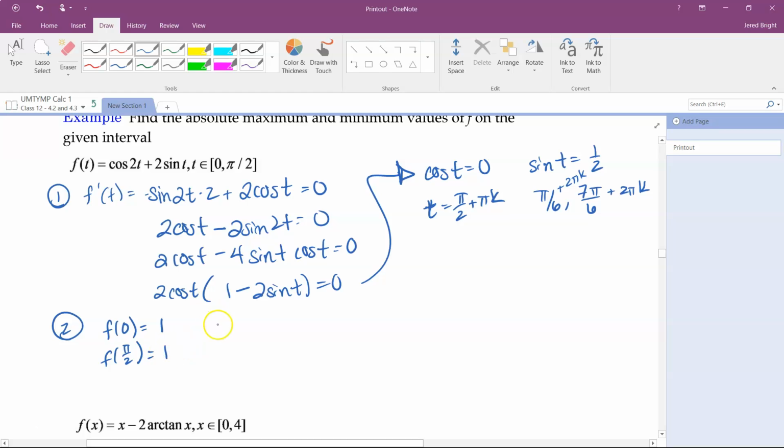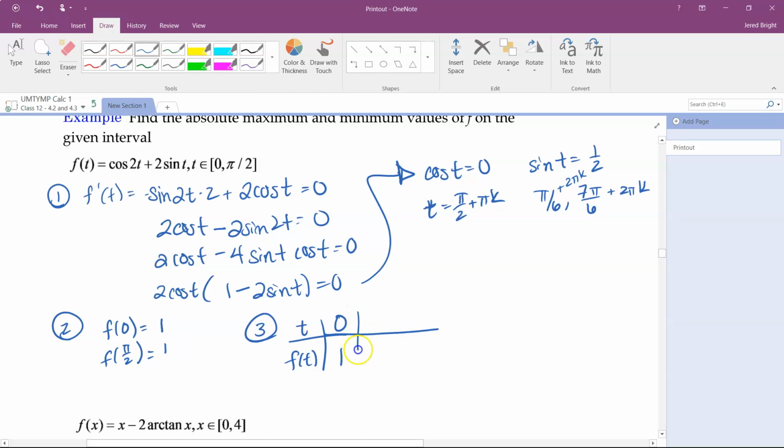Now I want to take the information I've gathered from parts 1 and 2 and make a list. So in step 3, I'm going to say here's t and here's f of t. I have 0 as a t value, and I know that f of t is 1. Oops, I think I miscalculated here. This should be 1.5. Okay, I'm sorry, no, that was 1.